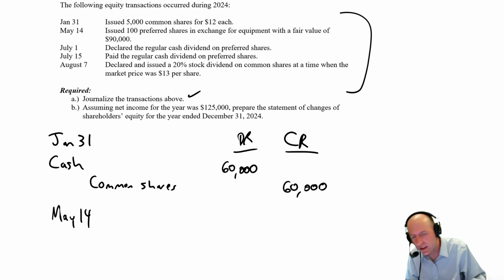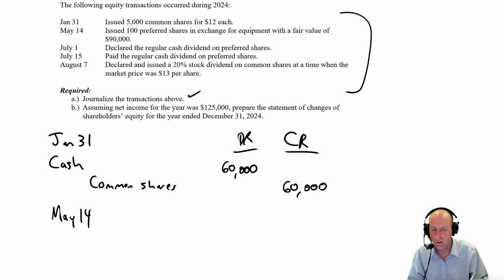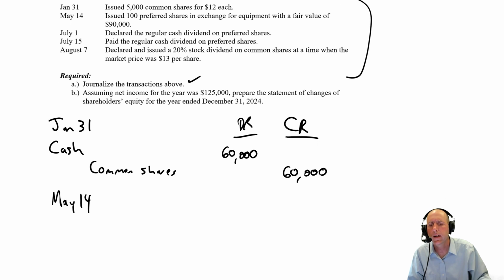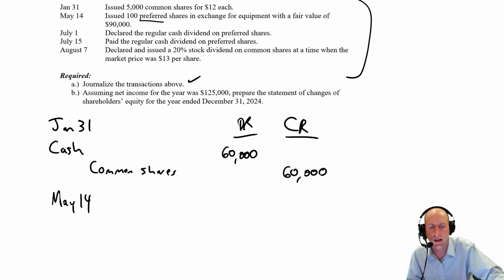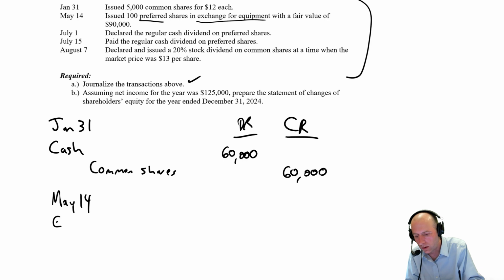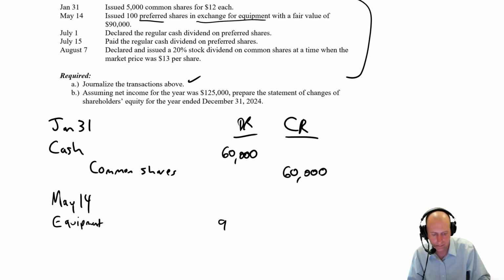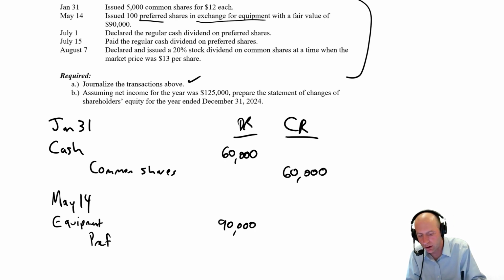May 14th, it starts to get a little bit more unusual. We issue 100 preferred shares in exchange for equipment. So, okay, it's not common, it's preferred, and we don't get cash, we get equipment with a fair value of $90,000. So, we're going to debit equipment because that's what we got. It's an asset going up, $90,000, and we credit preferred shares.